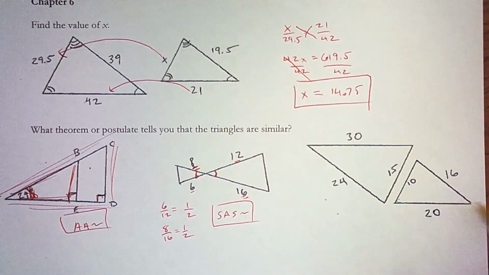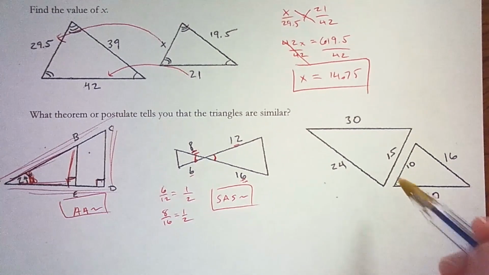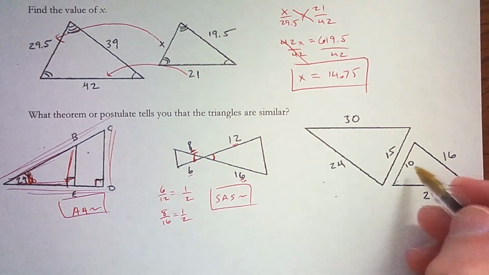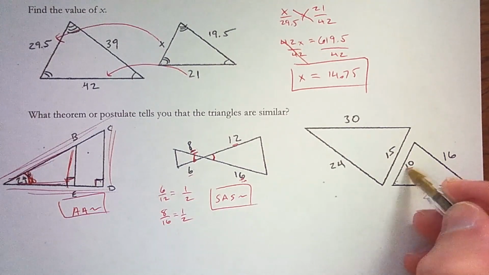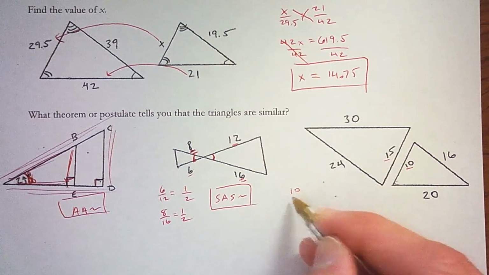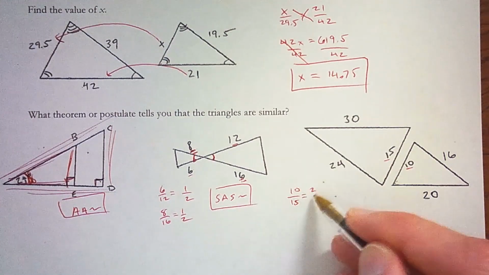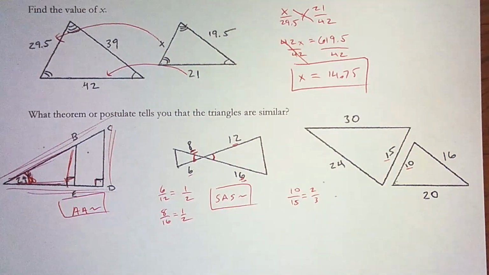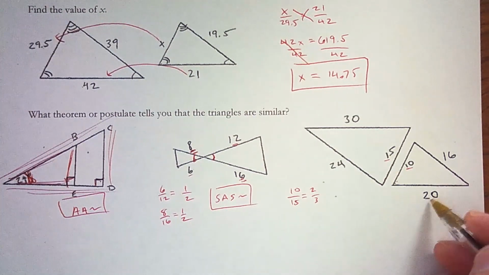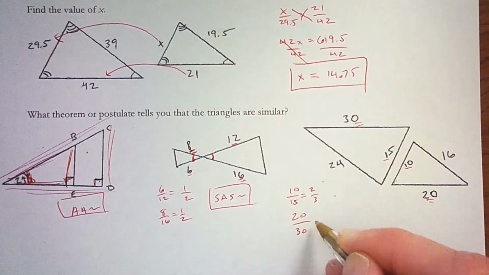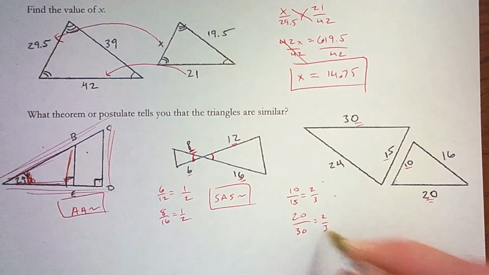And then my last set, if anything, it's going to be side-side-side similarity. Let's compare the smallest sides of each, so 10 and 15, 10 over 15. 5 goes into both of these 2 times and 3 times. Then let's compare the longest of each, 20 and 30. 10 goes into both of these 2 times and 3 times.